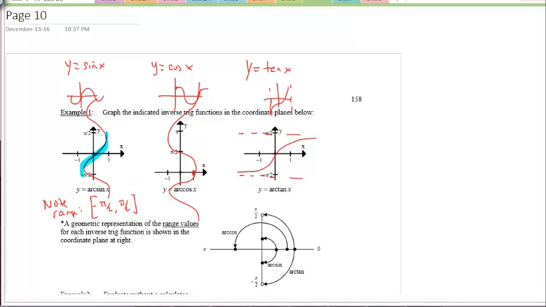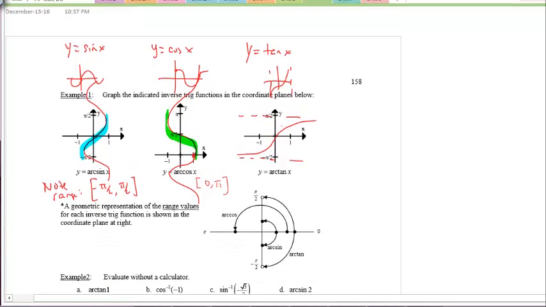For arc cos, however, notice I can't just do that same part because look, oops, what did I just do? I can't do negative pi over 2 to that because look, the vertical line test doesn't work. So by convention, we just use this part here. So the range for arc cosine is actually just from 0 to pi. Okay? And arc tangent, well, the range, of course, is from negative pi over 2 to pi over 2.